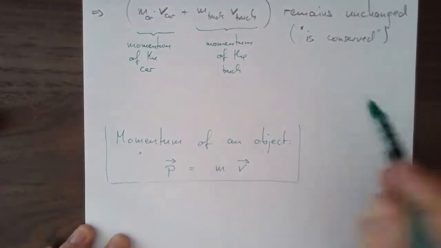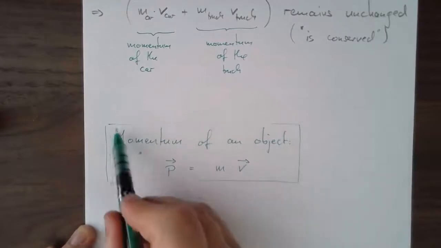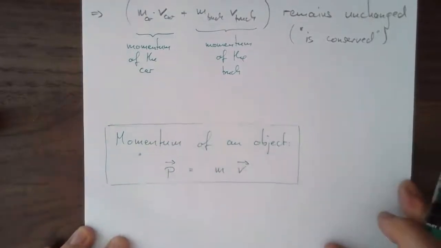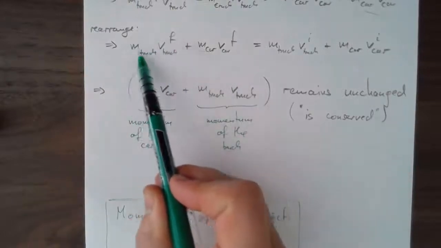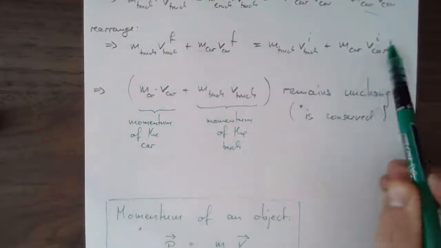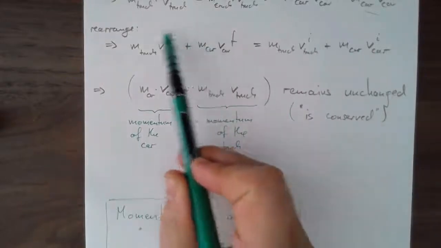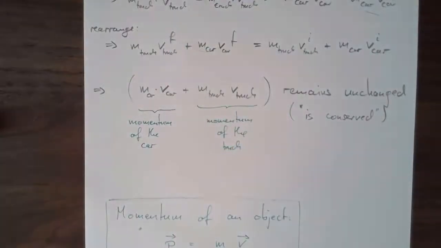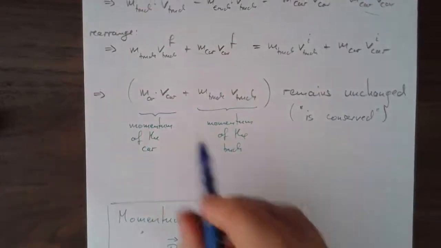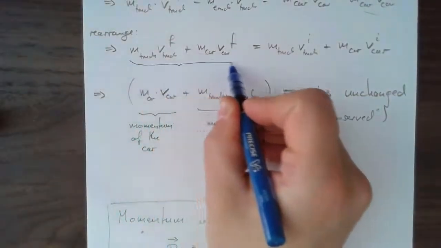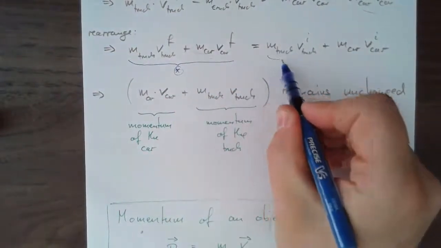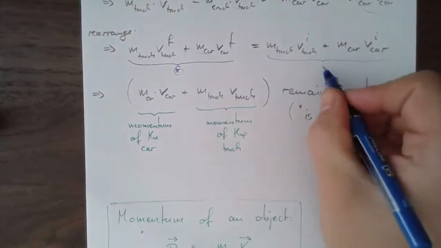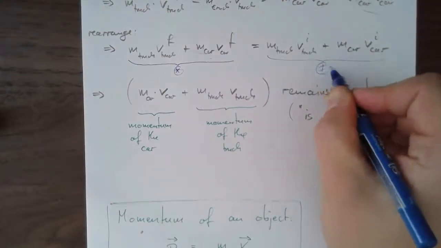But note that we're not saying the momentum of the car is conserved, or the momentum of the truck is conserved. What remains unchanged is the total, right? So this is total initial momentum, and this is total final momentum. Let me put a little star here, and maybe a little whatever you call this symbol here.